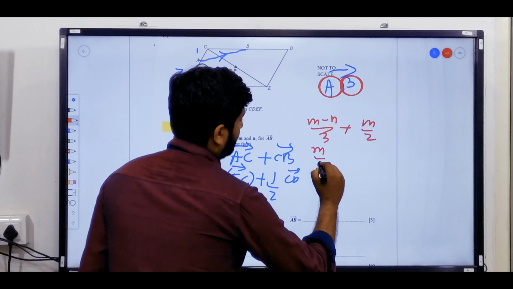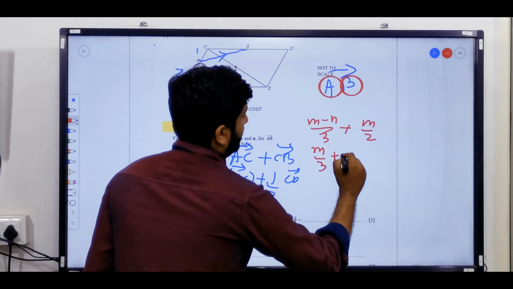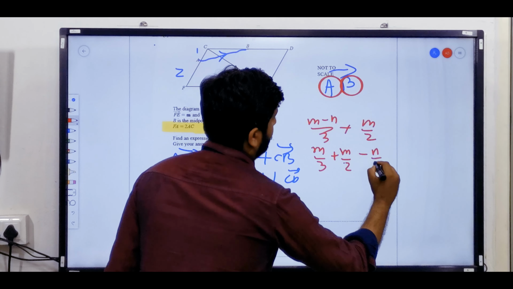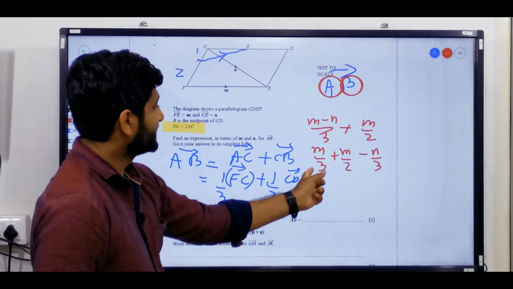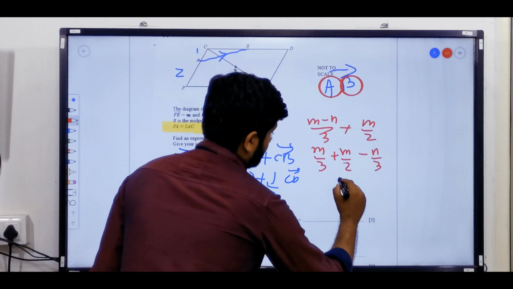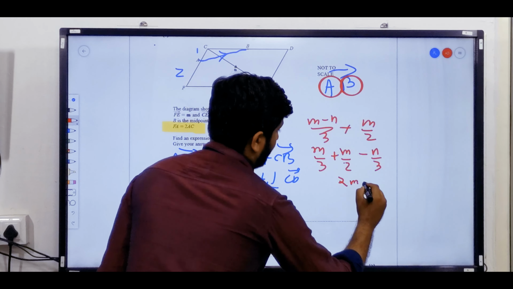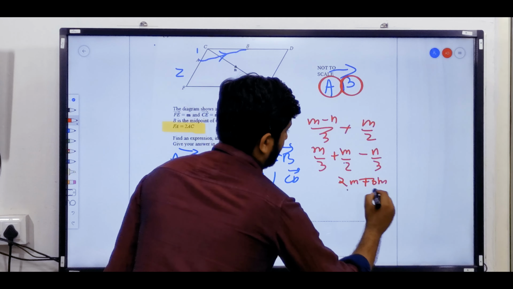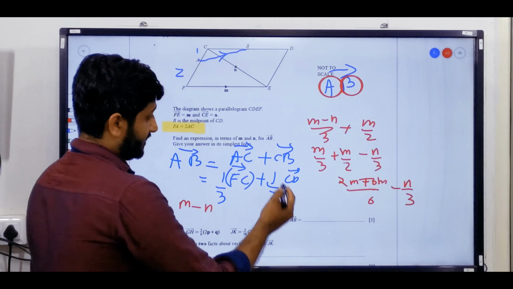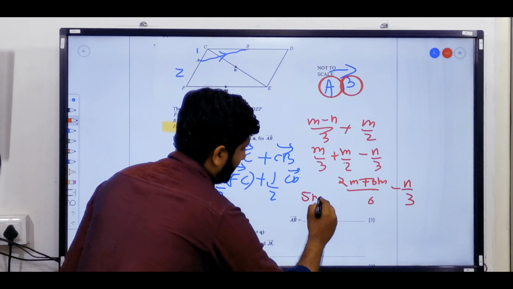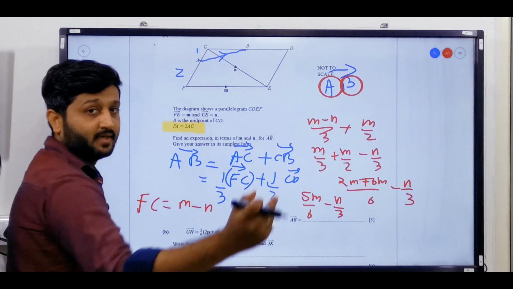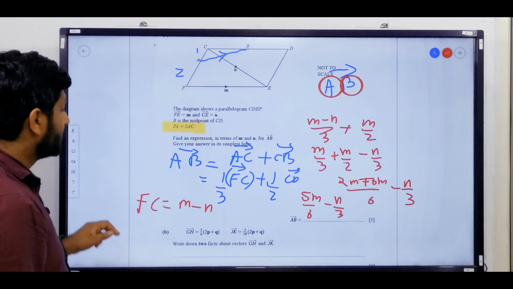So M by 3, I'll try to bring those M together, minus N by 3. So let us take LCM. 3 into 2 LCM will be 6. So this will be 2M plus 3M upon 6 minus N by 3. So this will be 5M upon 6 minus N by 3. I hope this is clear to you.